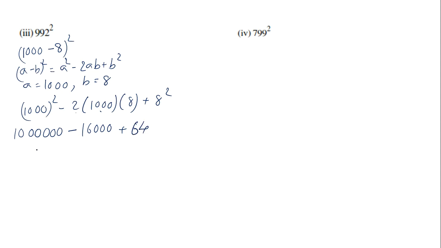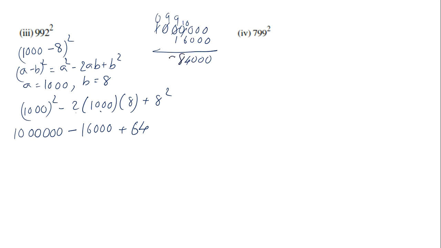Now what we have to do? We have to subtract from 10 lakhs. Now I'll do the subtraction here. From 10 lakhs, 6 zeros, we have to subtract 16,000. Subtract it: 0, 0, 0. 10 minus 6 is 4. This becomes 9, this becomes 9, this becomes 0.